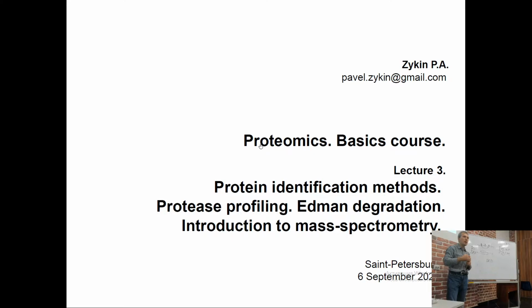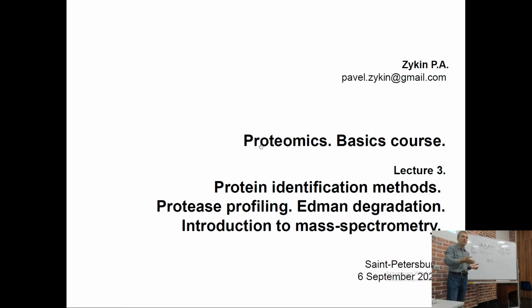Because even if the sequence is not fully deciphered and we have only some parts of the sequence, we can search the database and see whether this certain, even incomplete sequence can be assigned to some transcripts or some parts of genome. So we do not actually need to sequence proteins right now.